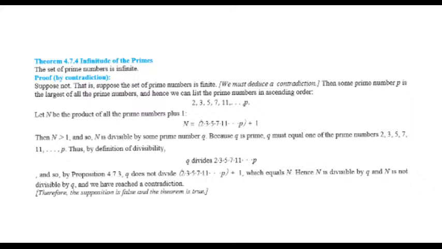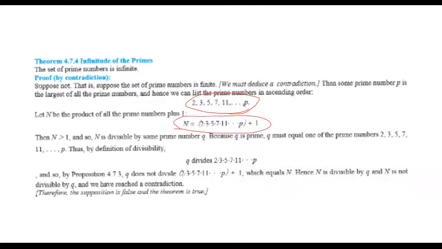We should have a finite list of prime numbers, and if we sort them in ascending order, it should look something like this: 2, 3, 5, 7, 11, all the way to p, where p is the largest prime number, right? So I will construct an integer n in the following way.